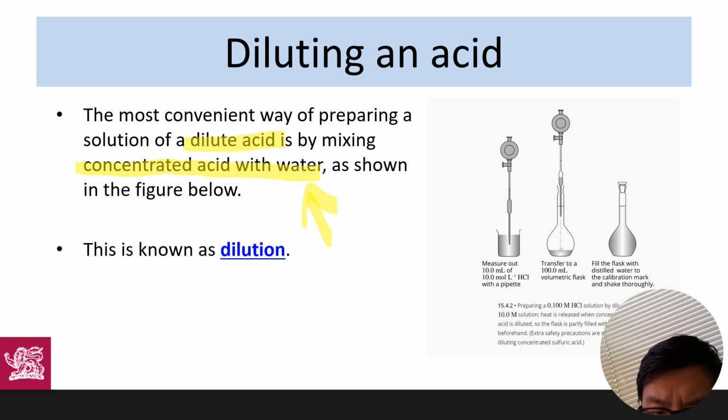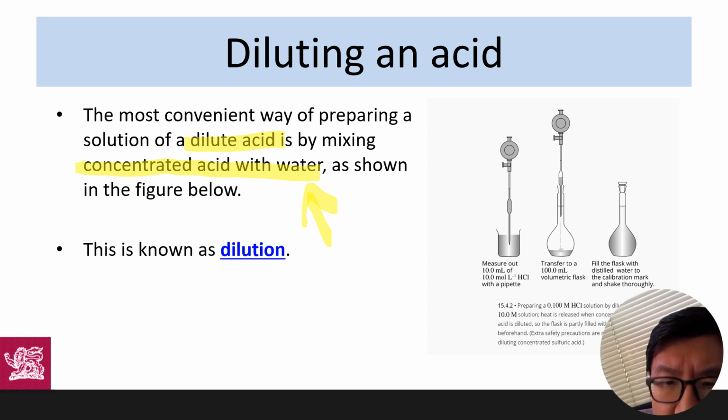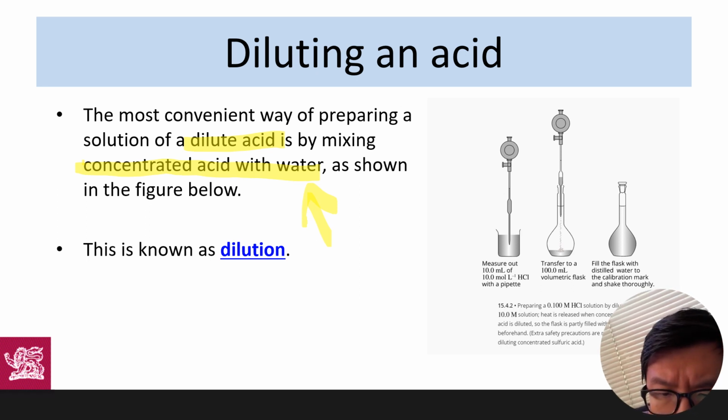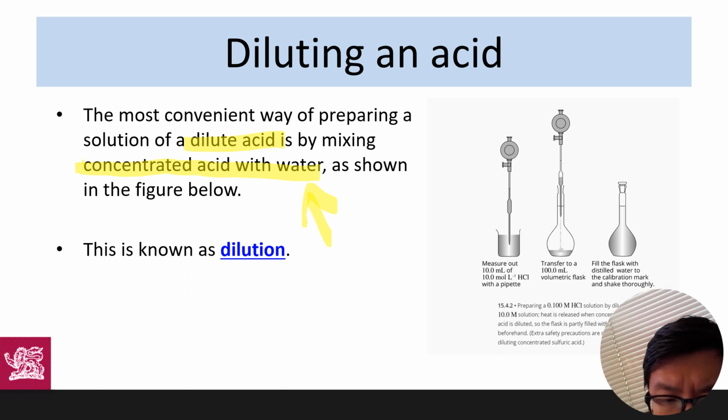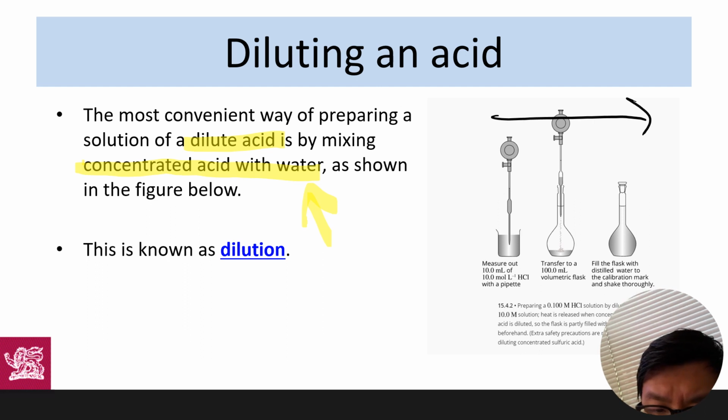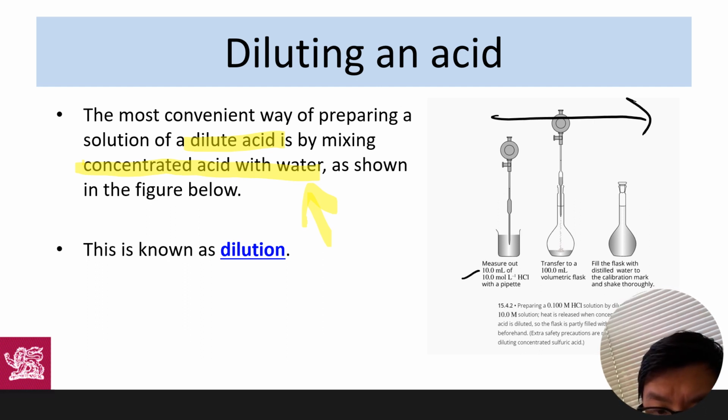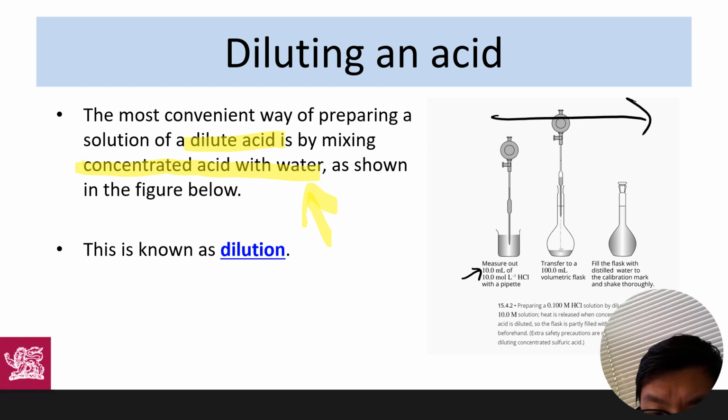All right. So what they've done here in this diagram, going from left to right, we've got 10 mils of 10 moles per liter concentration of hydrochloric acid using a pipette, which is this device here, with a bulb on top to change pressure to suck liquid up.